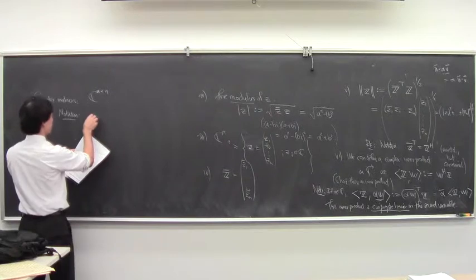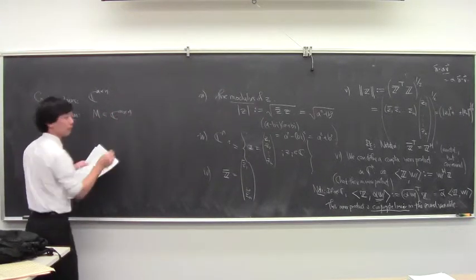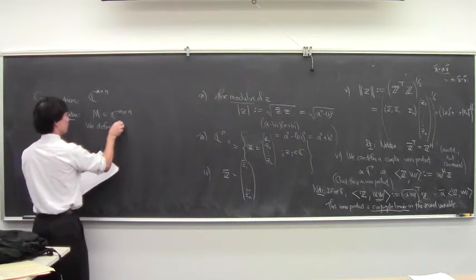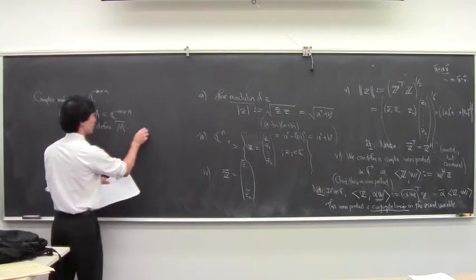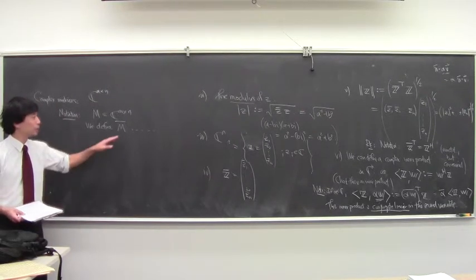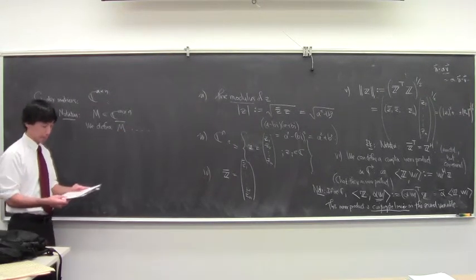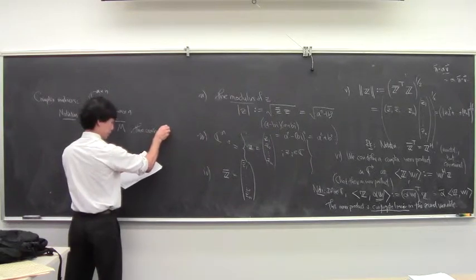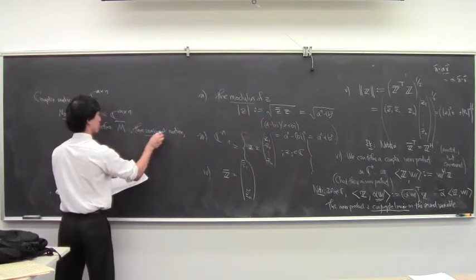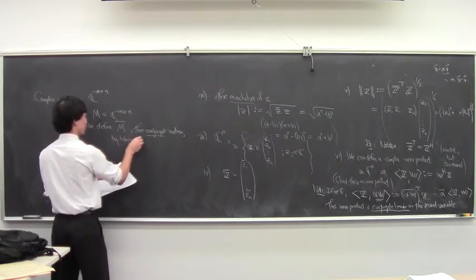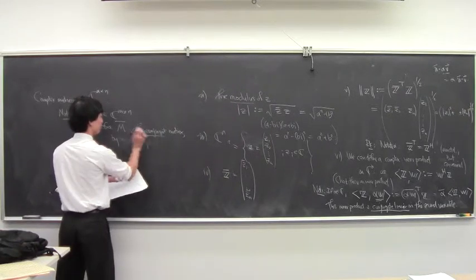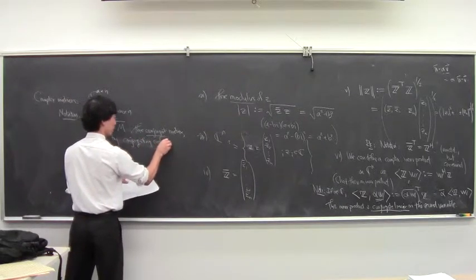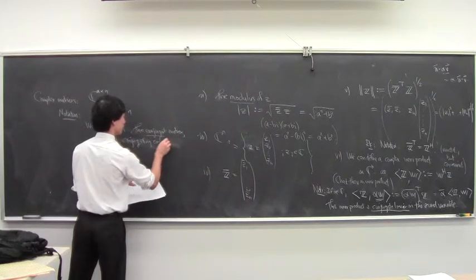Just like before, as you might expect, if you have a complex matrix, then we define the complex conjugate of that matrix in the way that you would think. You take the conjugate of every entry.